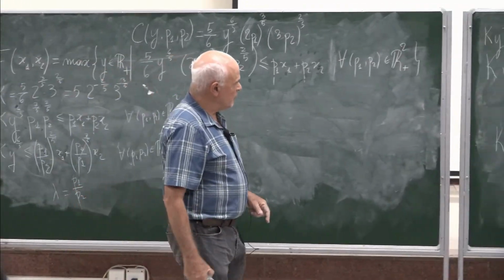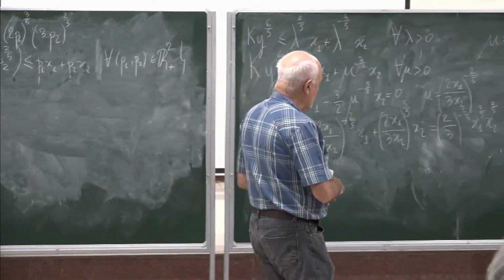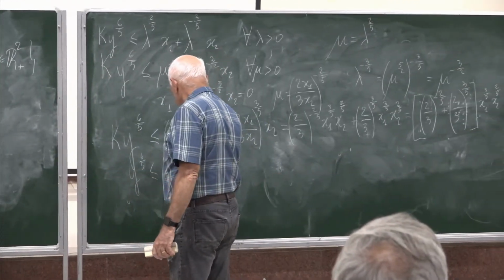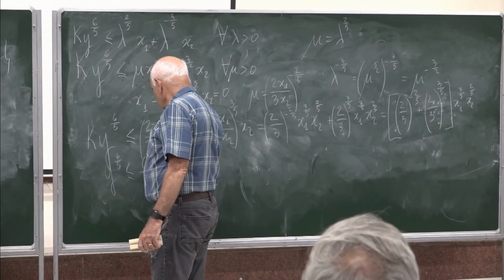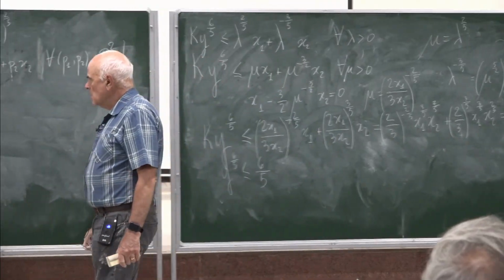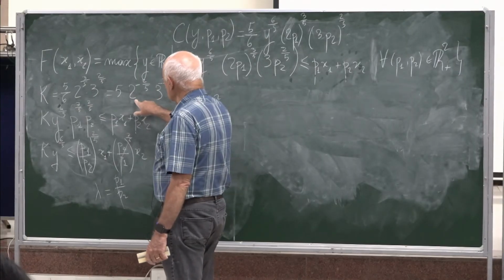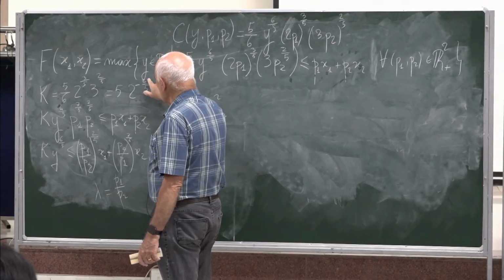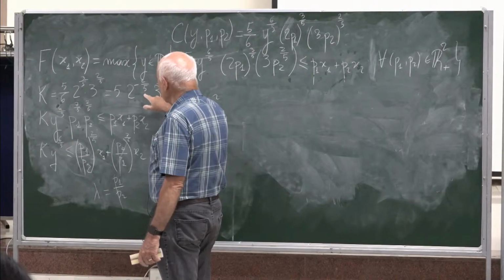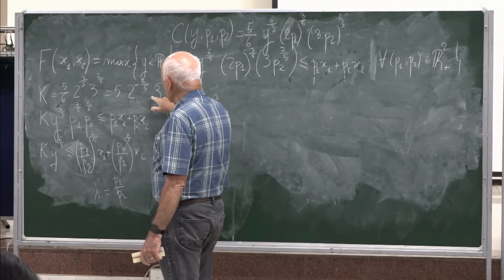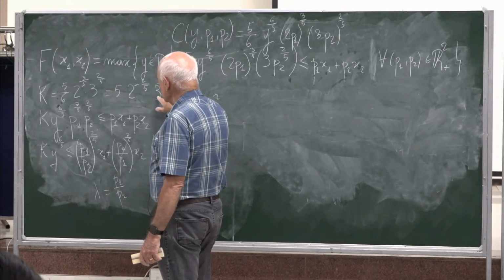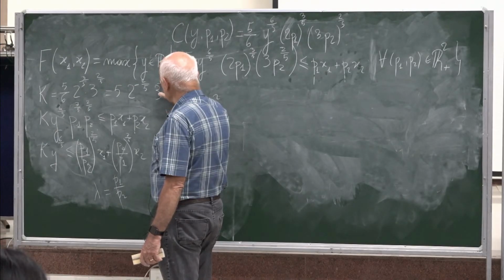So 6 over 5, and then 2 to the power 2 over 5 times 3 to the power 3 over 5.